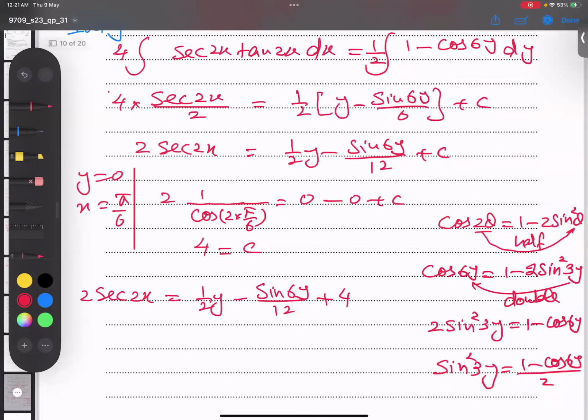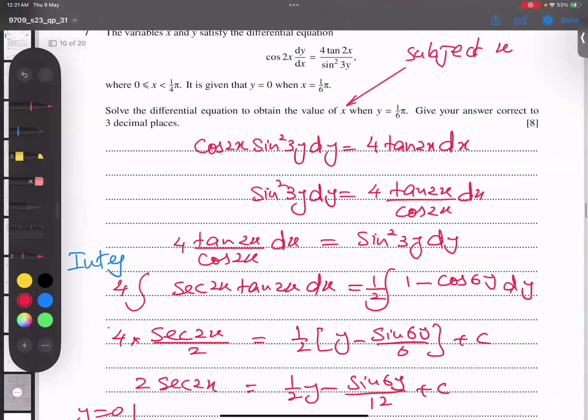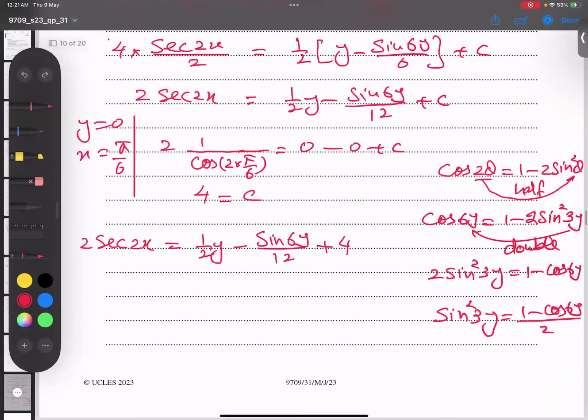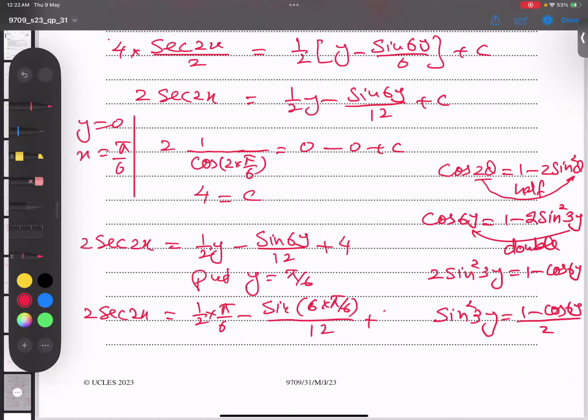Now he's saying that we have to go for what? We have to put in the number because x is finding y, pi by 6. So I will put here y as pi by 6. So 2 secant double x equals half into pi by 6 minus sine pi. This will go there, multiply with the 6. So 6 times 2 pi by 6 over 12 plus 4.